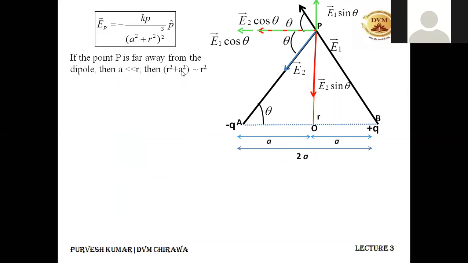Since A is very small, this can be neglected. And R square to the power 3 by 2 becomes R cube, because this 2 gets cancelled out by this 2.